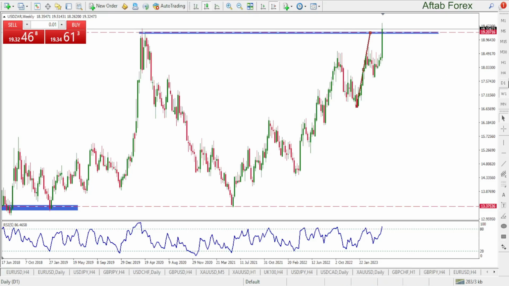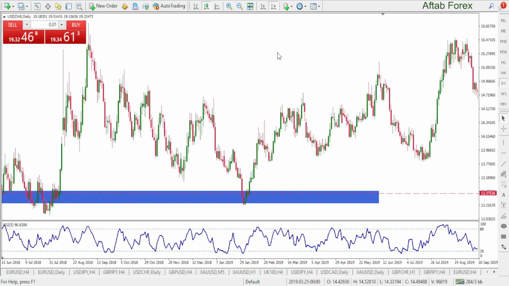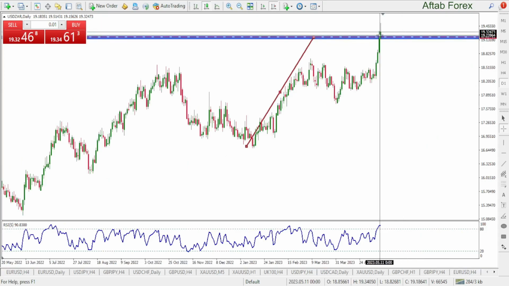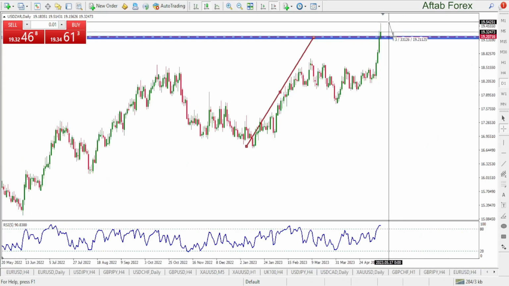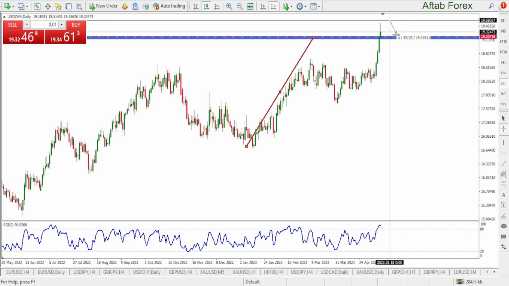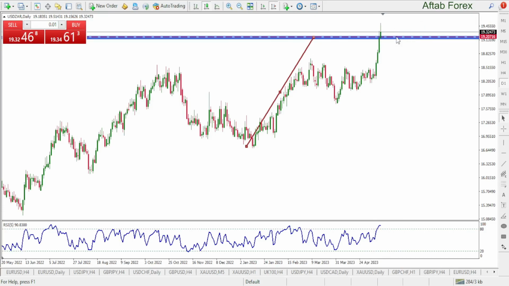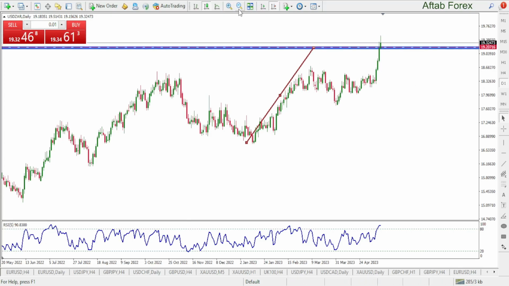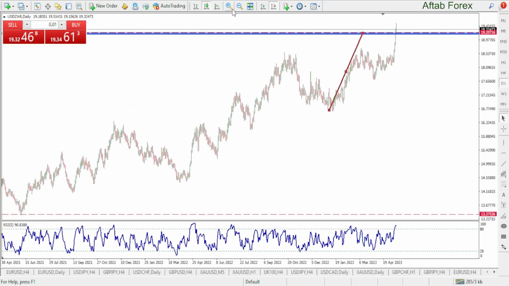Now, I have a resistance above which the price closed above. Tomorrow I will be waiting for confirmation, right? Confirmation plus role reversal. Because this level is broken, we need it to retest and then a confirmation and then a continuation.